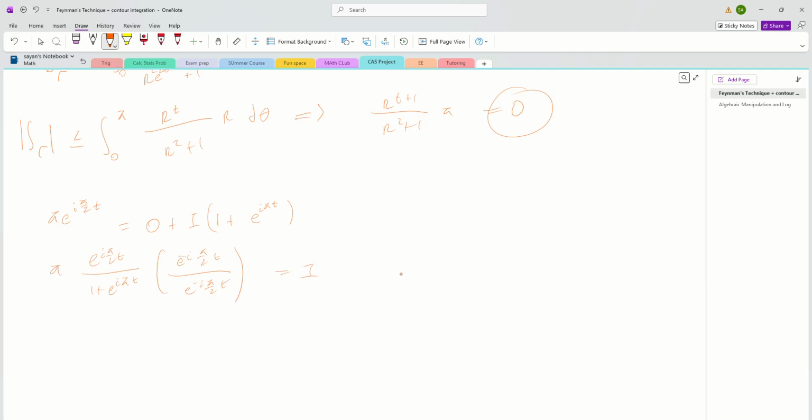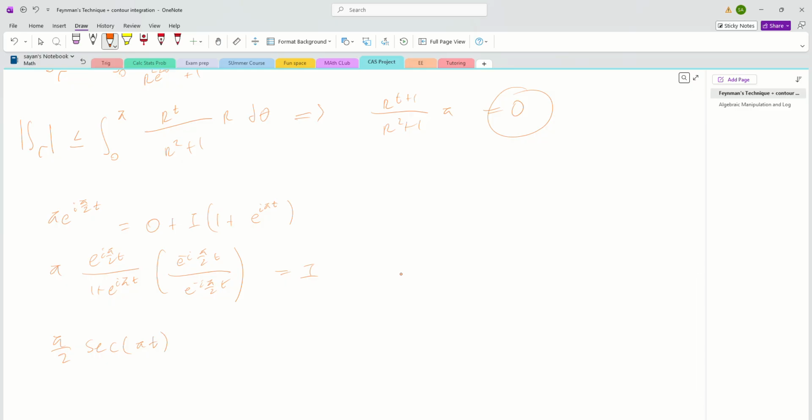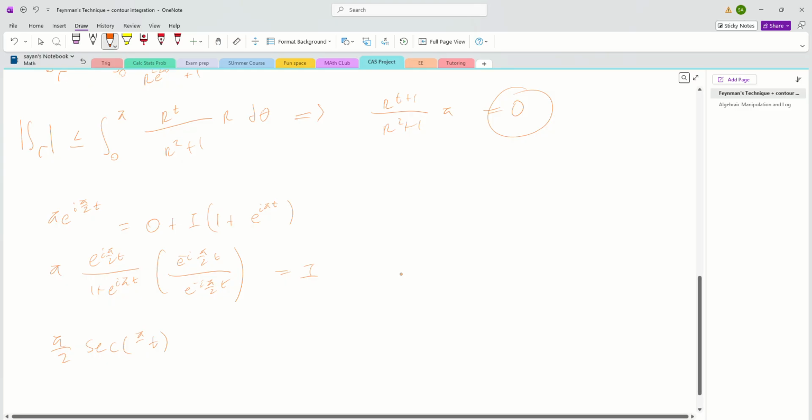Because this will become 1, and this, okay, perfect. So this is actually just going to be half of secant of pi t, right? No, pi over 2t, right, okay.